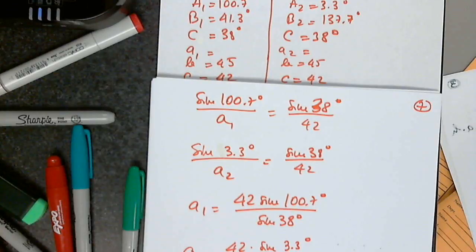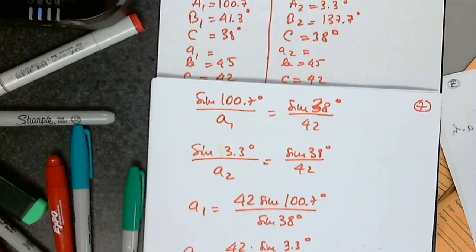So 42 sine 100.7 divided by sine 38. And the other one, I just copy the entry and replace 100.7 by 3.3 and clear the rest. And press enter.